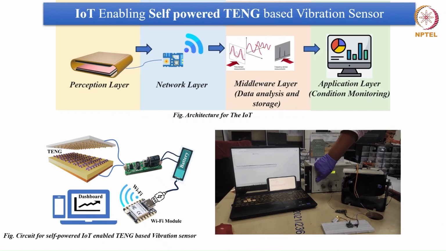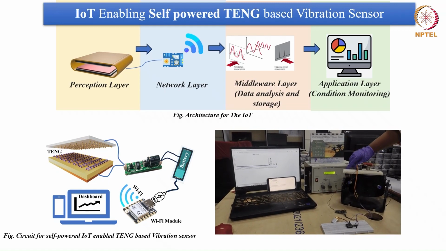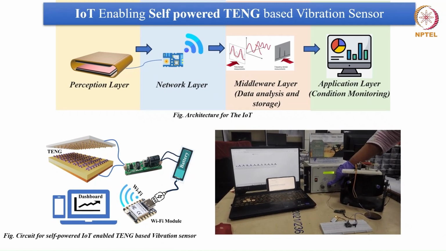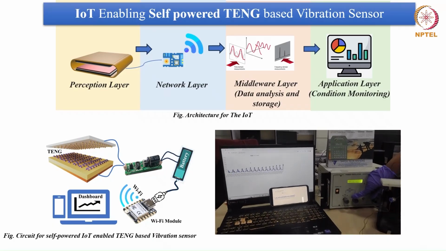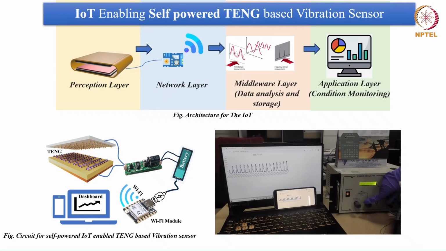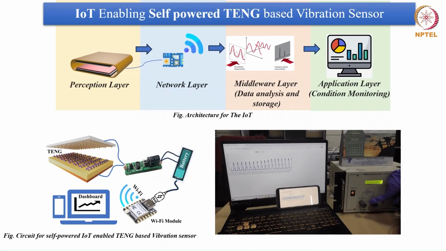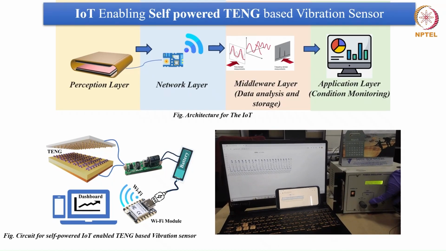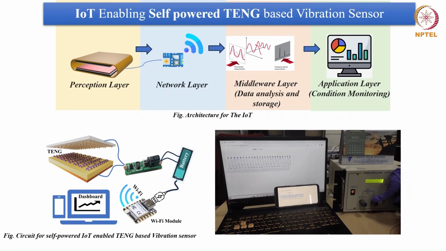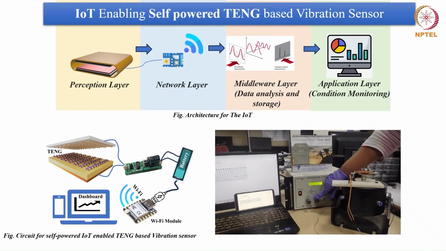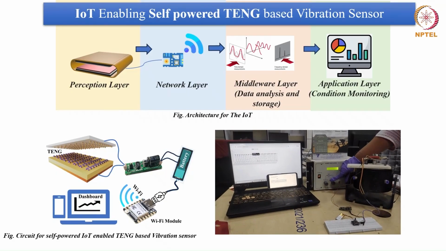Now, to get this data on our computer or mobile for remote monitoring, we can integrate an IoT module. As the TNG is a good energy harvester, it can act as a self-powering vibration sensor so that it works autonomously without requirement of an external power supply.